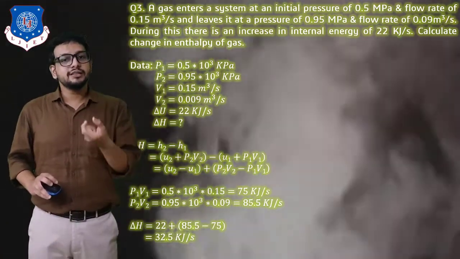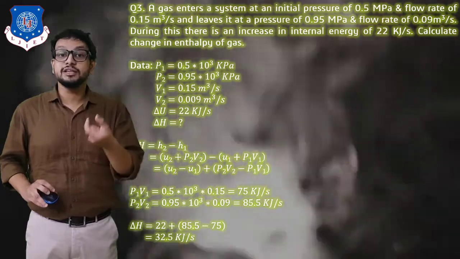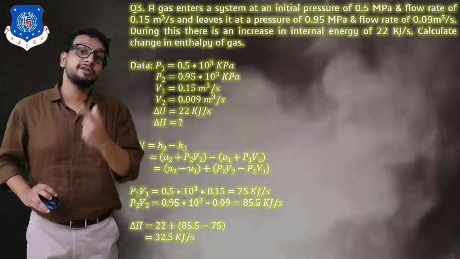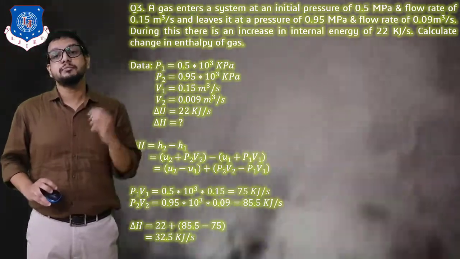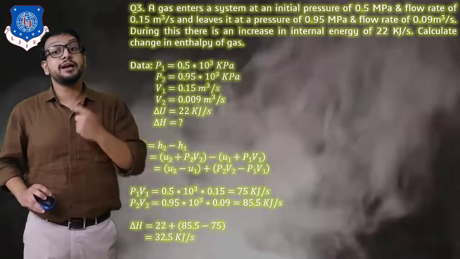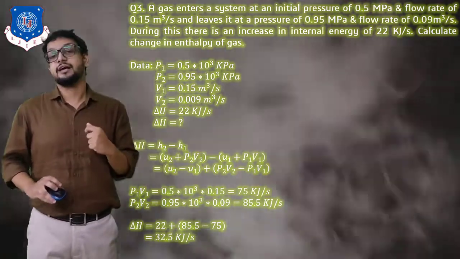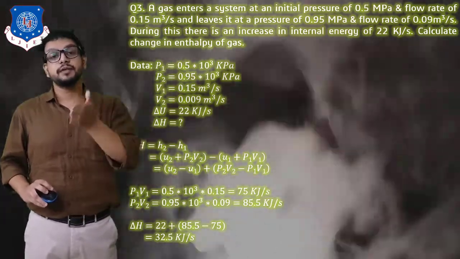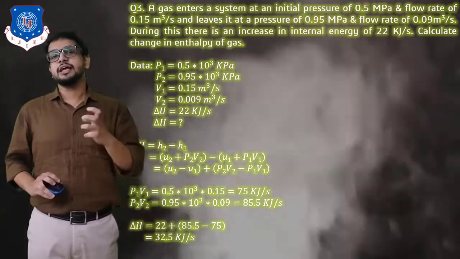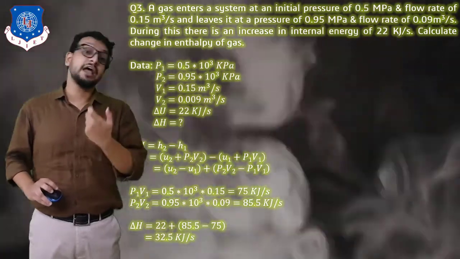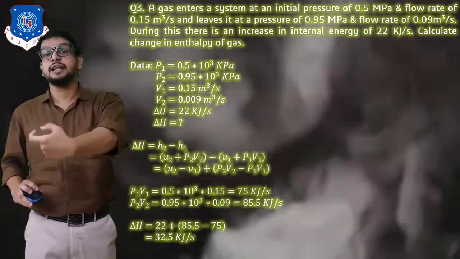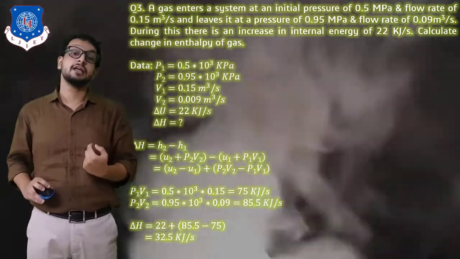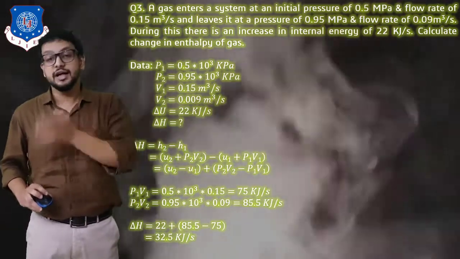During this process there is an increase in internal energy of 22 kilojoule per second. You need to calculate the change in enthalpy of the gas. So the direct answer: delta H is equal to final state enthalpy minus initial state enthalpy, that is H2 minus H1.